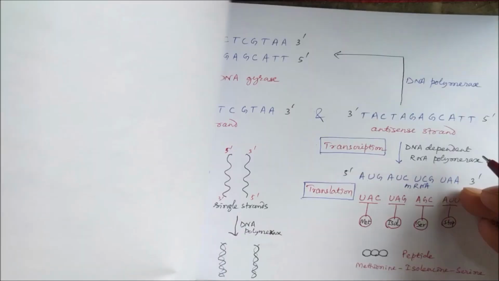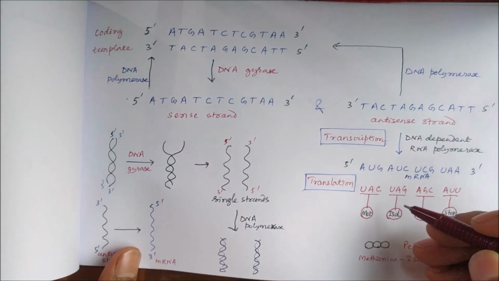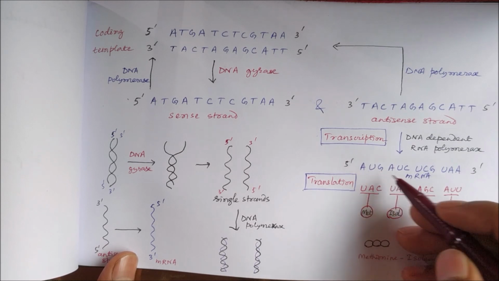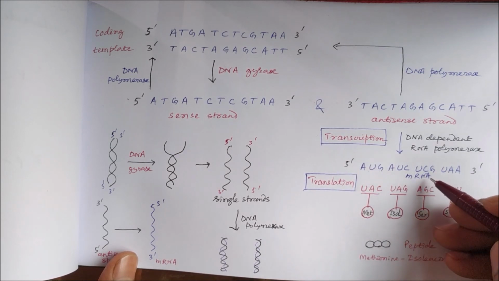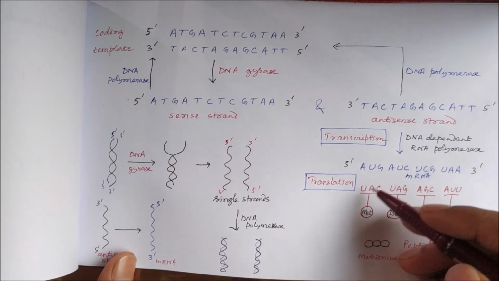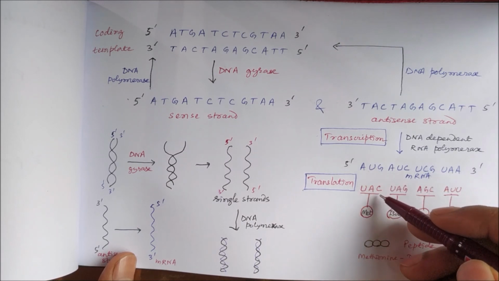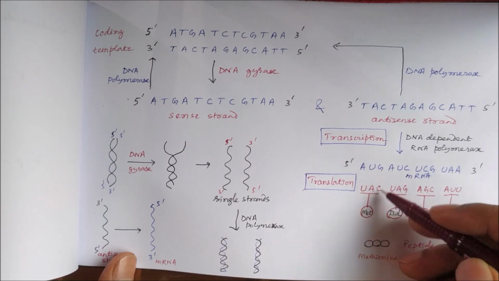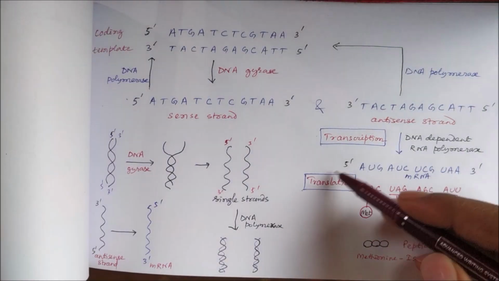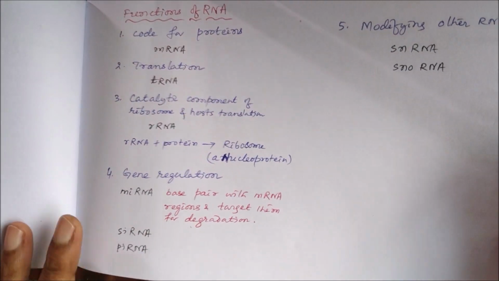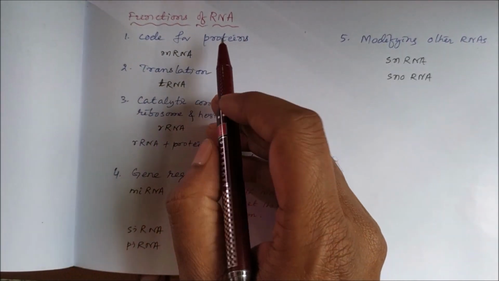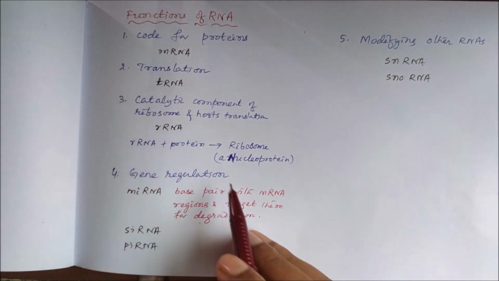Then translation. Translation is the process in which, based on the codon of the messenger RNA, the tRNA provides the amino acid by recognizing it through the corresponding anticodon. So this is the process of translation, and that is another function of RNA. Here the example is transfer RNA.